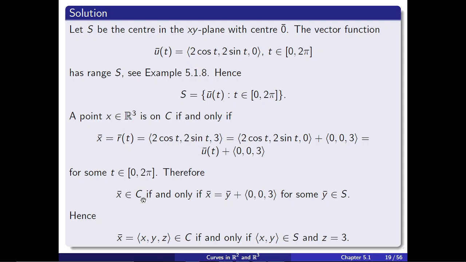So therefore X is in C if and only if X can be written as X equal to Y plus (0, 0, 3) for some Y in S, right? And hence (X, Y, Z) is in C if and only if (X, Y) is in S and Z is equal to 3.